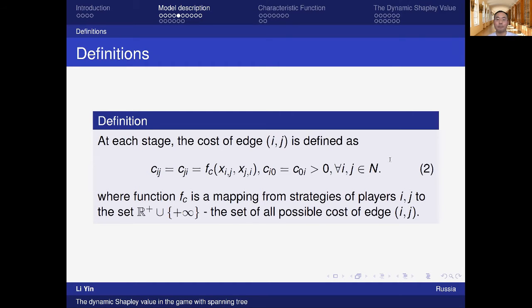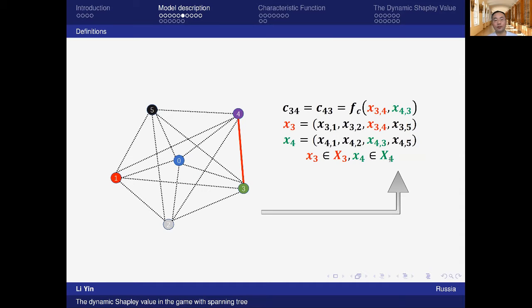It's a real number. For example, let's look at this figure.